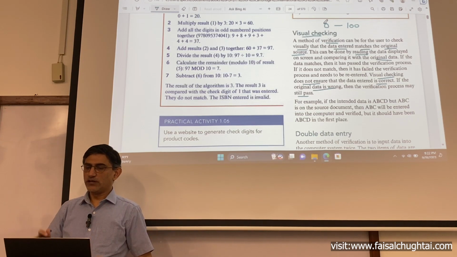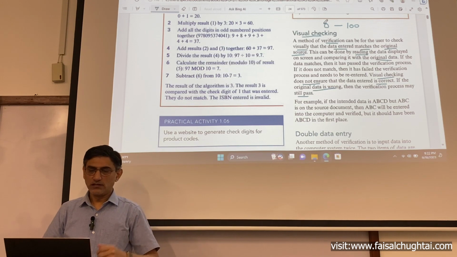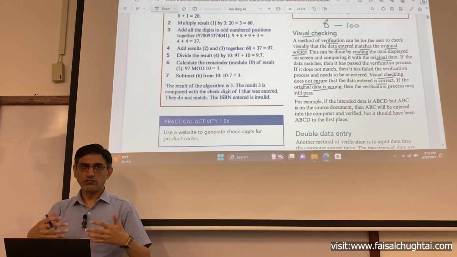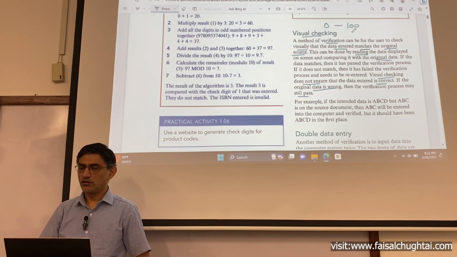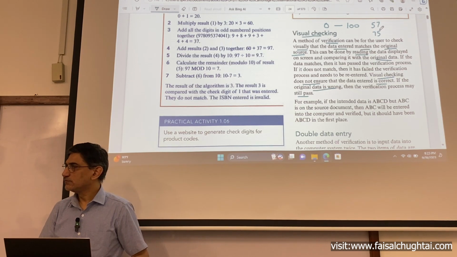Okay, what if the person who is inputting the marks is inputting them quickly because you are rushed for work and you have to finish it quickly? You do not have a lot of time. So say for instance, you have to type in the mark of a student which was 57, but you accidentally type it 75.